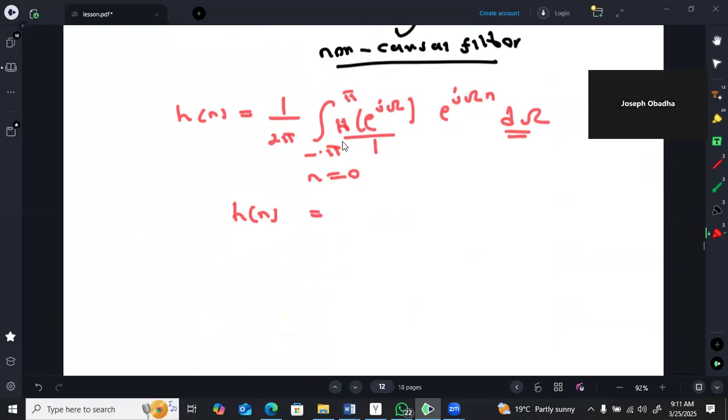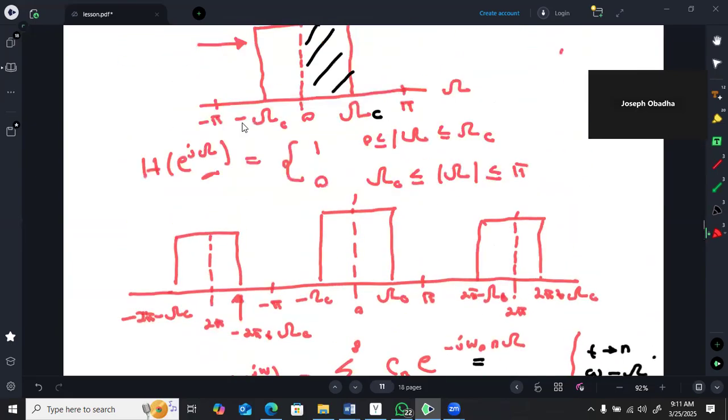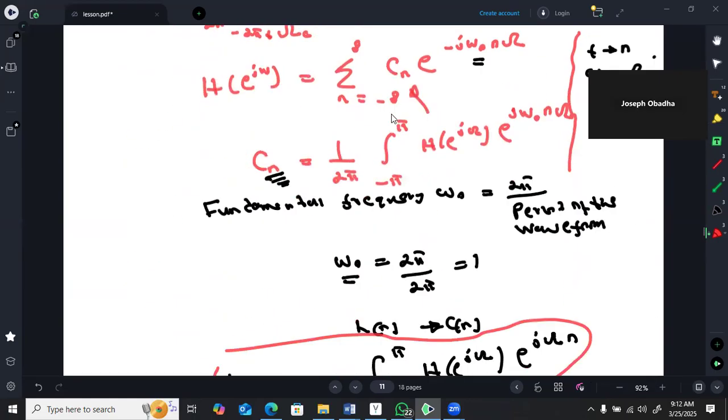So the integral, of course, we need to change so that on this side we have omega c and on this other side we have minus omega c, because even though we are integrating between minus pi and pi, the values just start from minus omega c to omega c.